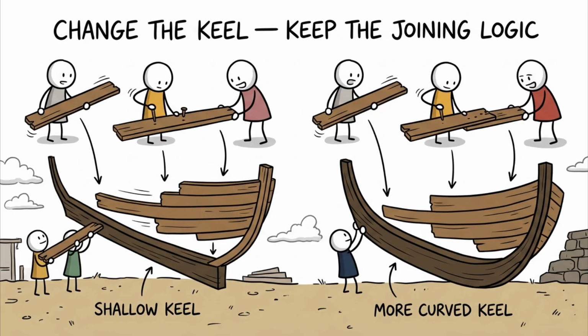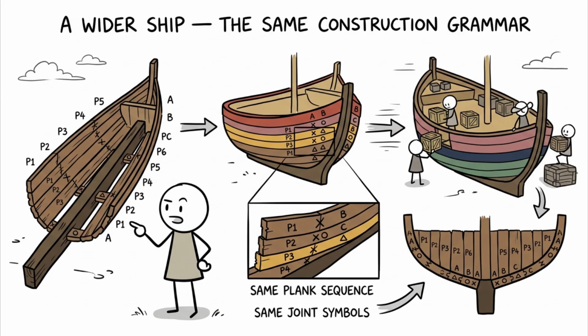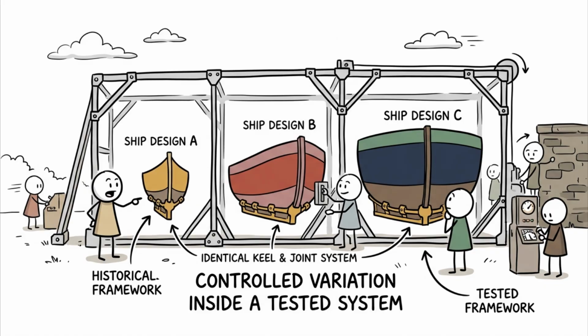The keel line might be altered while a familiar joining sequence remained. Plank thickness might change while the logic of overlapping edges remained. A cargo vessel could grow wider while retaining the workshop's construction grammar. The tradition was therefore neither rigid repetition nor free improvisation. It was controlled variation inside a tested system.